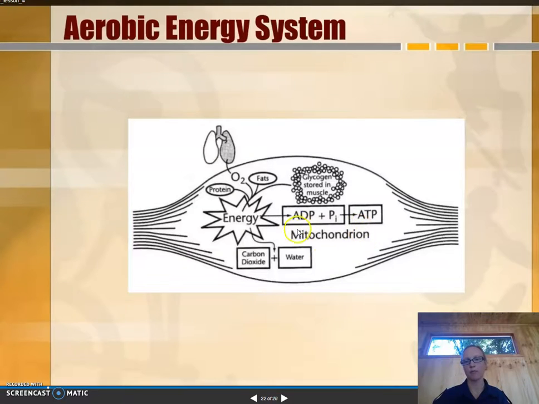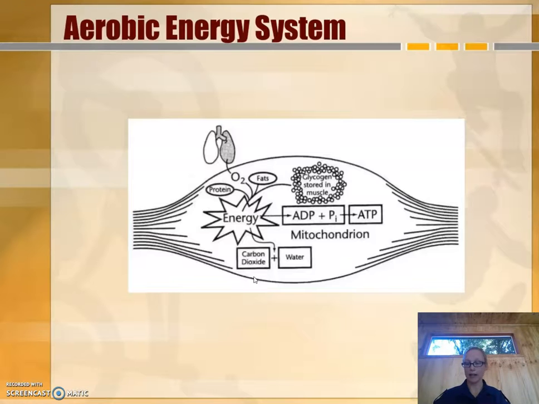Okay, and it's just important to note there that that happens in the mitochondrion. Just a little thing to note about where it's happening in the cell. So again, these are the inputs here: protein, oxygen, fats, glycogen. This reaction requires energy, so that contributes to the energy to allow the reaction to occur, to release enough energy for the muscular contraction. And you've got some outputs there. So basically that's the aerobic energy system in a nutshell.